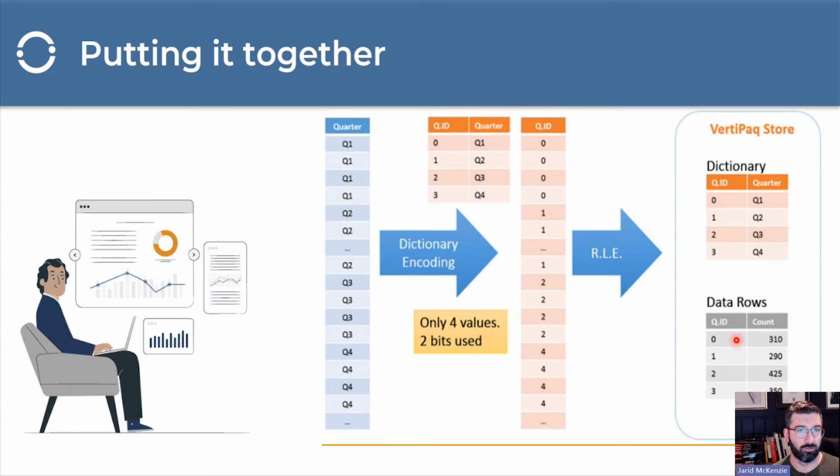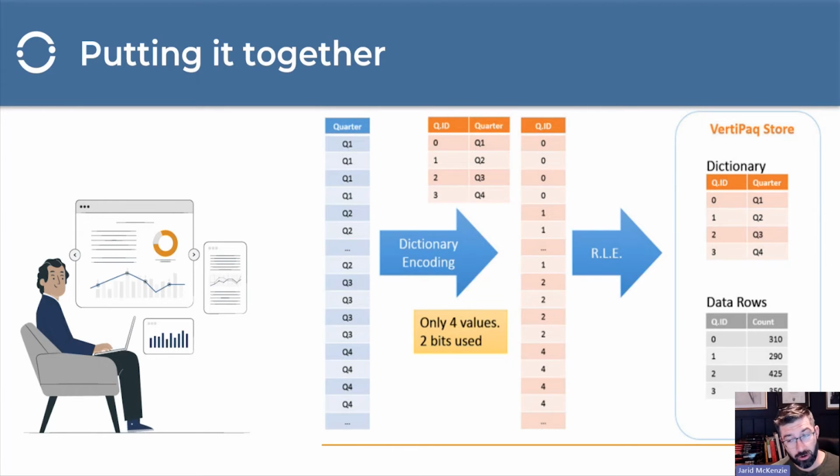So I've got the value 0, which is Q1, goes through 310, and then the value 1, 290. So we've got a very, very large memory footprint that gets compressed into a very small memory footprint very efficiently. So that's really how data gets compressed.